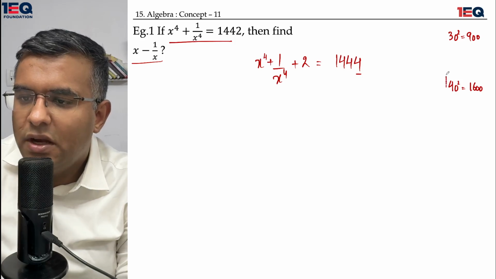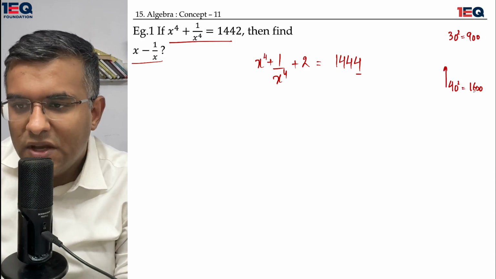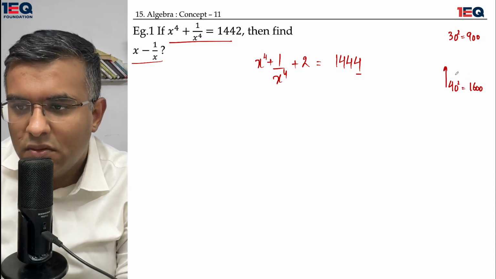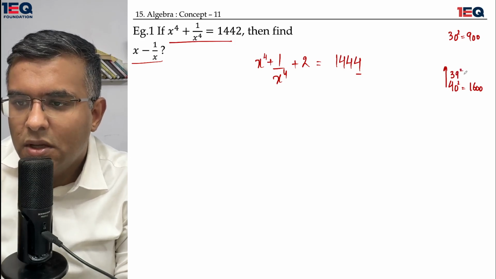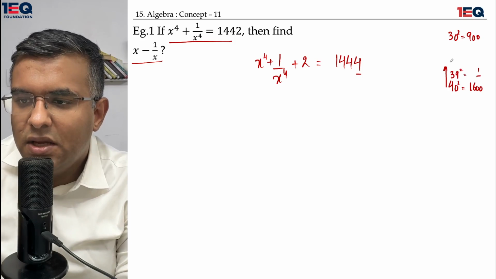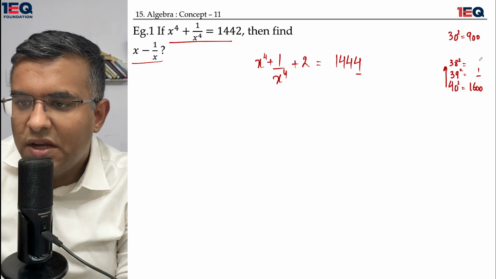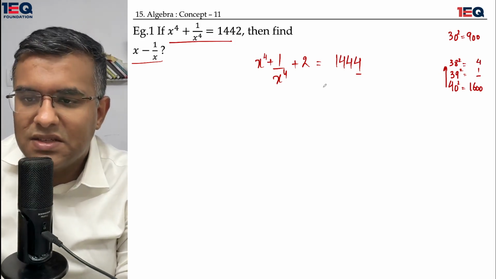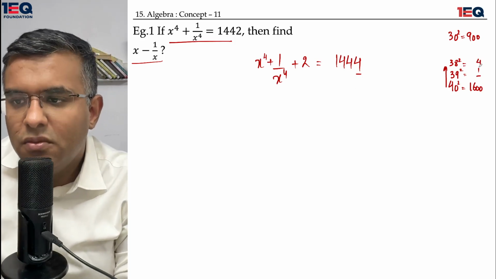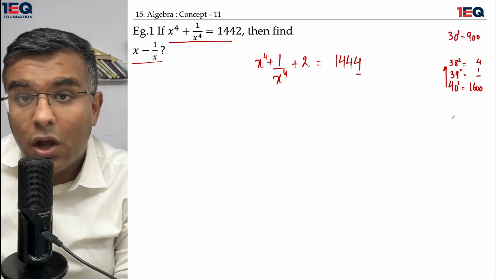So I need to find a square which is closer to 40. If I get 39 square, there would be a 1 in the end. If I talk about 38 square, I would definitely get a 4 in the end. So I already know that this is definitely 38 square, but for starters, I would tell you to do a double check.